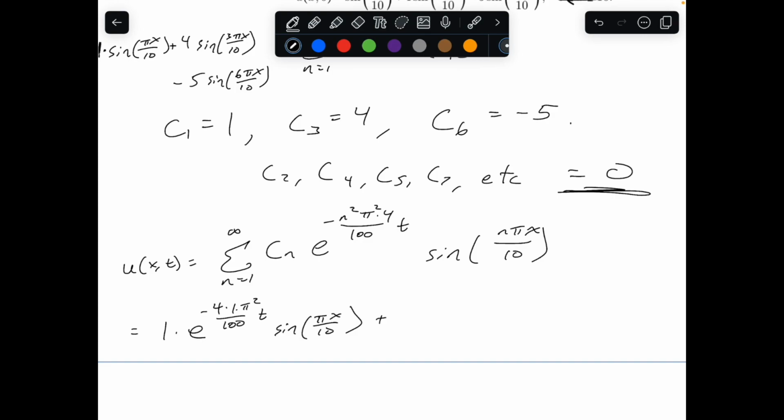And then the n equals 2 term, that coefficient is 0, right? So we won't even write that one. And then the n equals 3 term, that coefficient is 4. And so we'll get negative 4 times n squared, which is 16, and then pi squared over 100 times t.